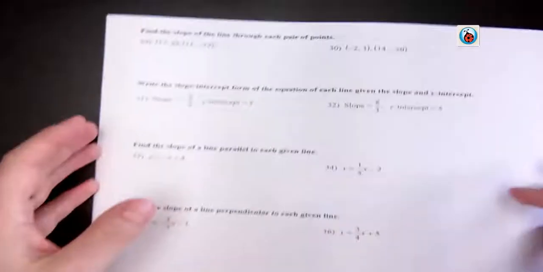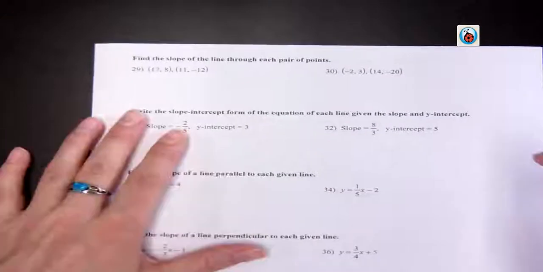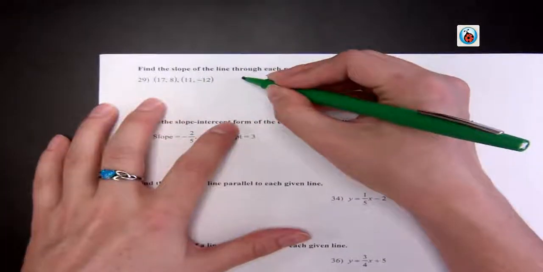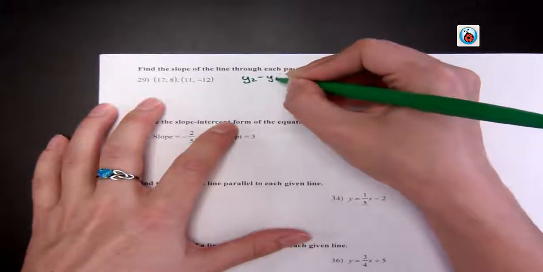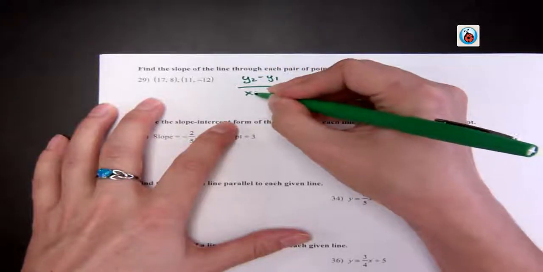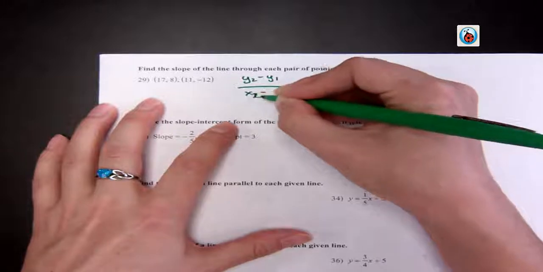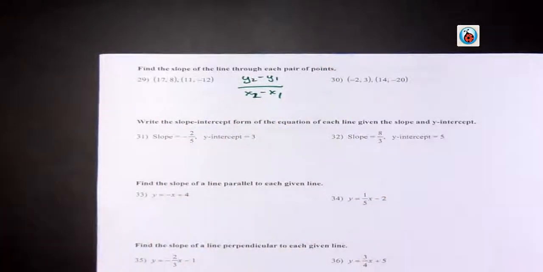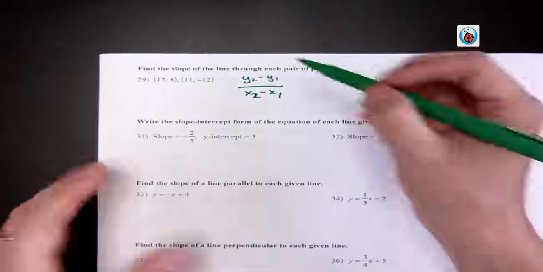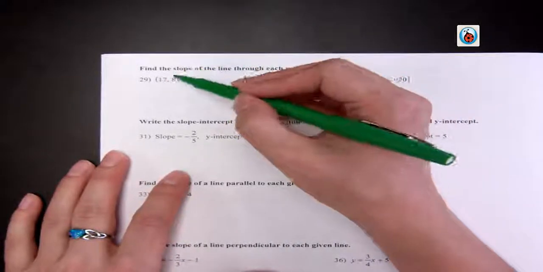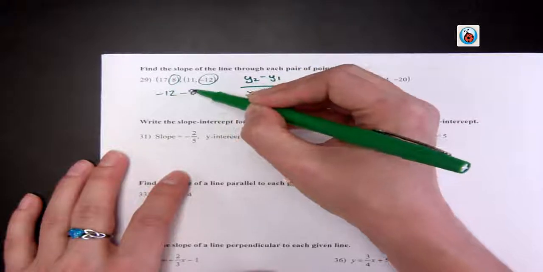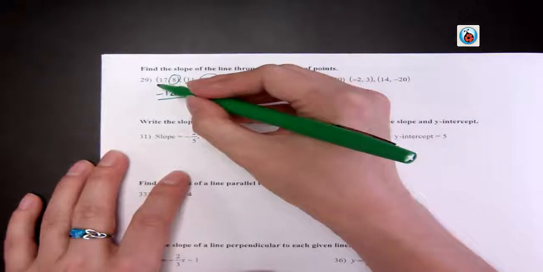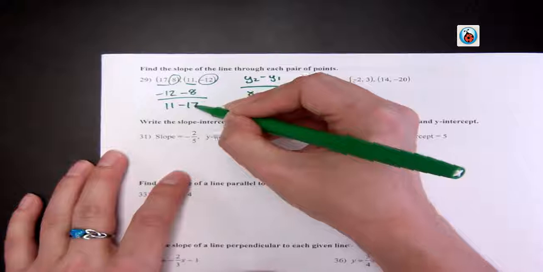Alright, so now we're finding it just through a pair of points. I could graph it and do rise over run, but my basic formula is I subtract my y's and then subtract my x's. And that gives me my slope. That's the same if I graphed them and counted out rise over run. And so my y's, so -12 minus 8, and then my x's is 11 minus 17.